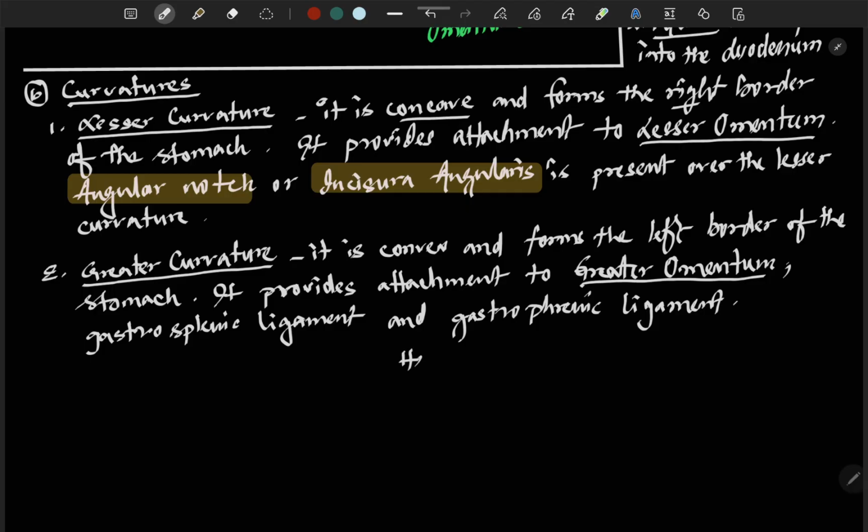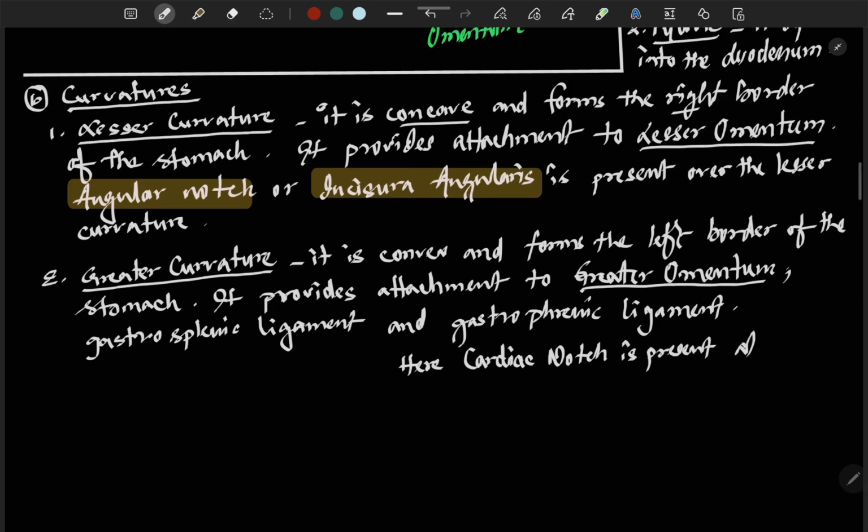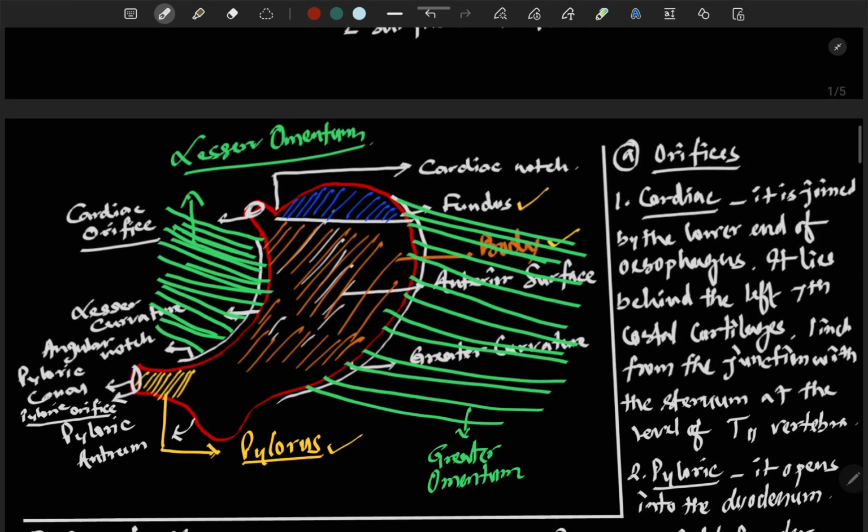Cardiac notch is present at its upper end. Cardiac notch. See?